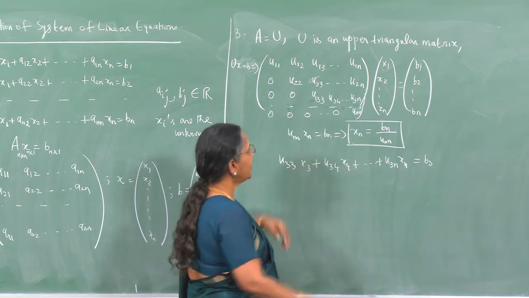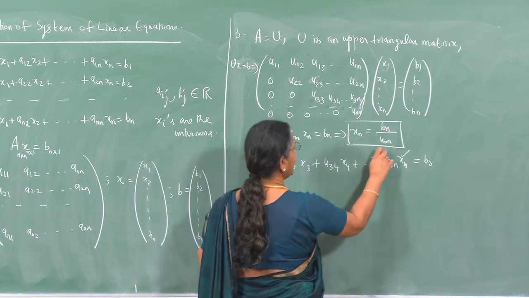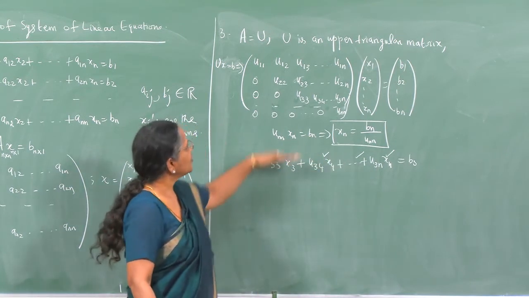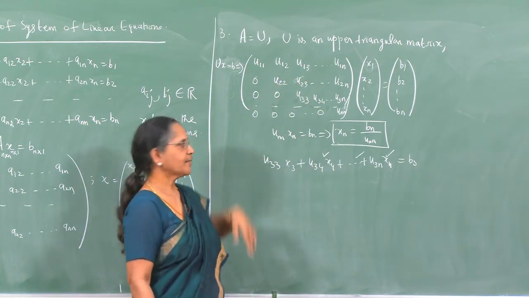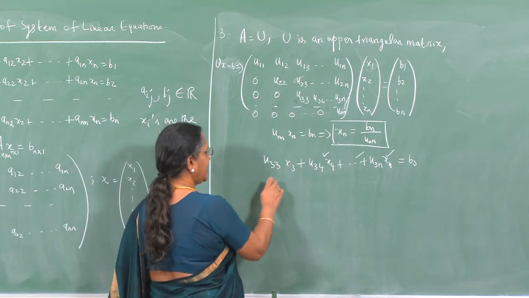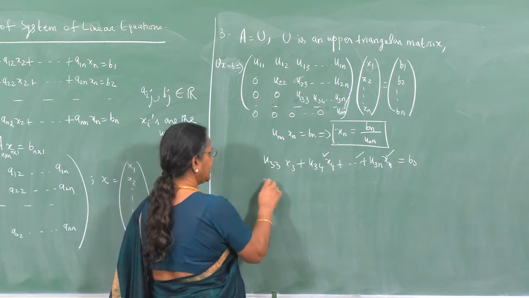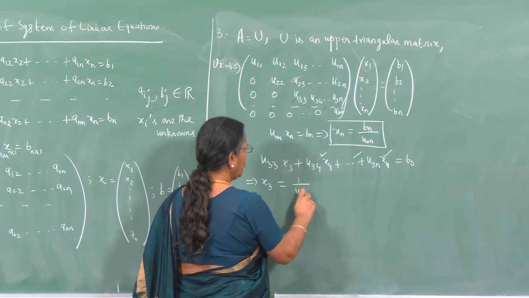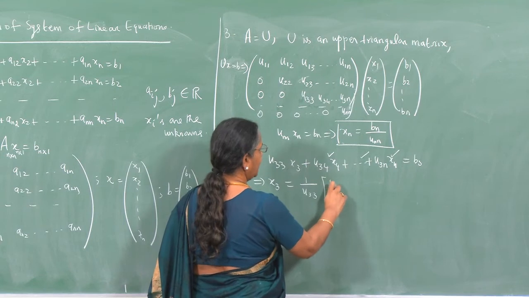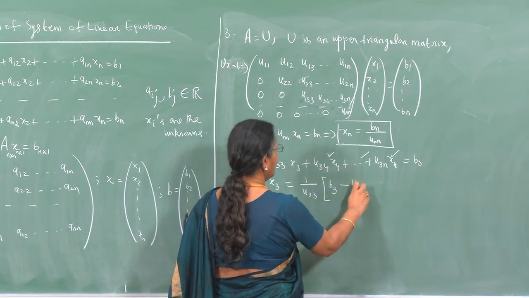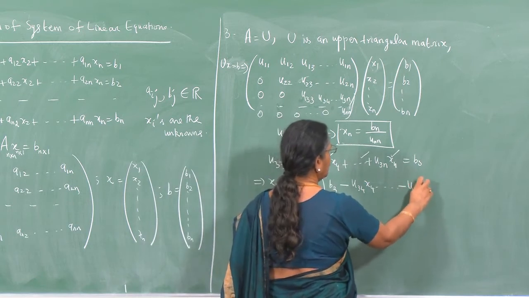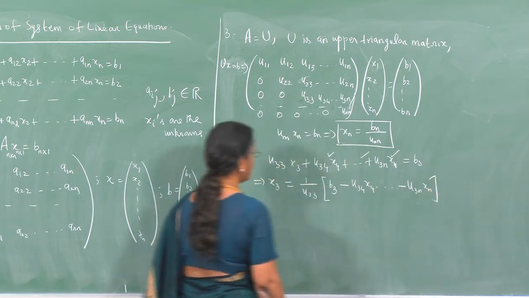But you have already obtained xn, xn minus 1 etc. up to x4 because you have moved backwards. And so, this will immediately tell you what x3 is, namely x3 will be 1 by u33 multiplied by B3 minus u34 x4 and so on minus u3n xn.